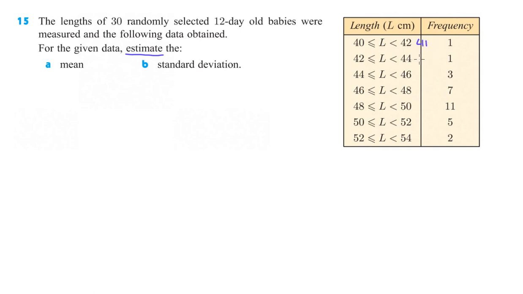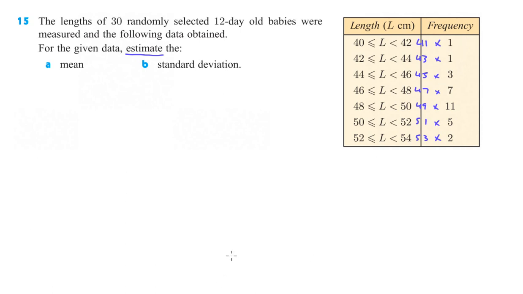Halfway between 42 and 44 is 43, 45, 47, 49, 51, and 53. Multiply that by the frequency, and then that will give us enough info to find the mean, and that will help us figure out the standard deviation too.